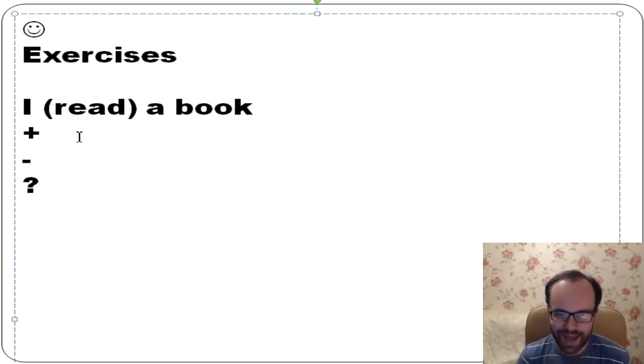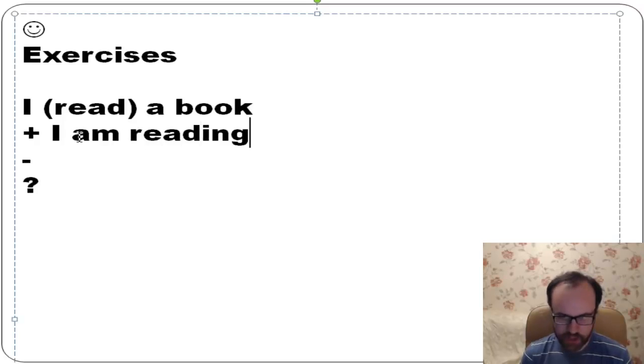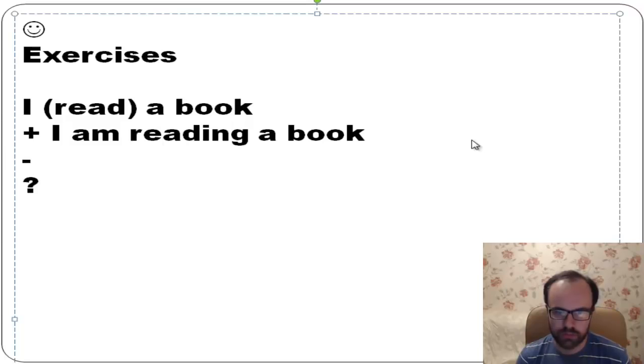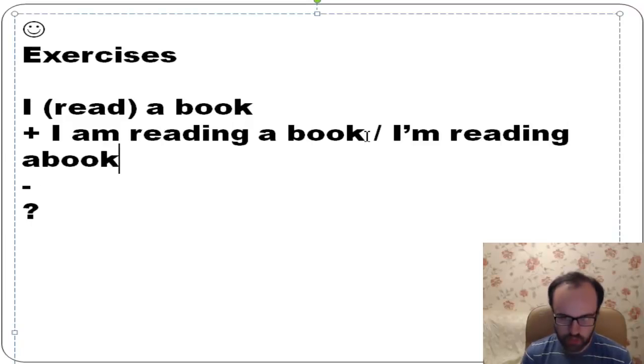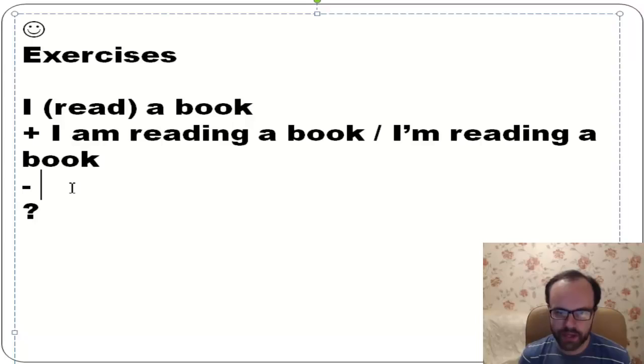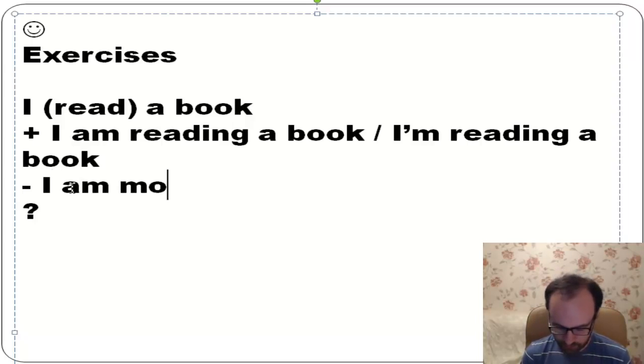So, I am plus verb plus ing. I'm reading a book. Or I am reading a book. So how to form a negative form? You add not.